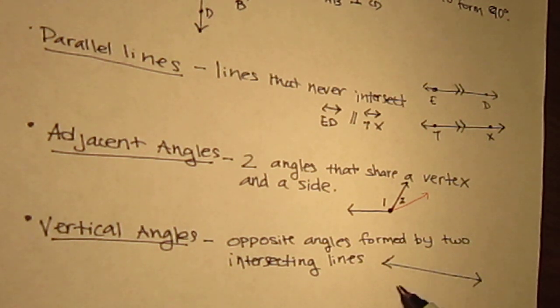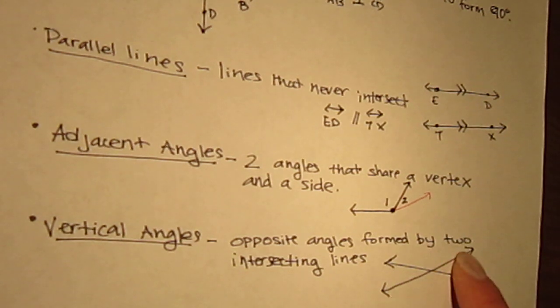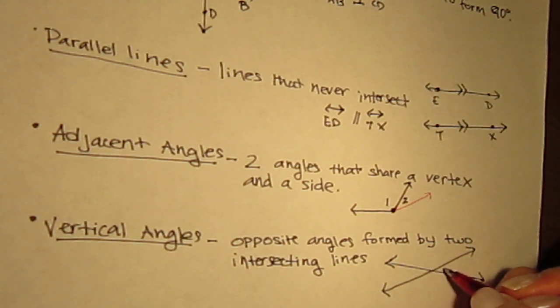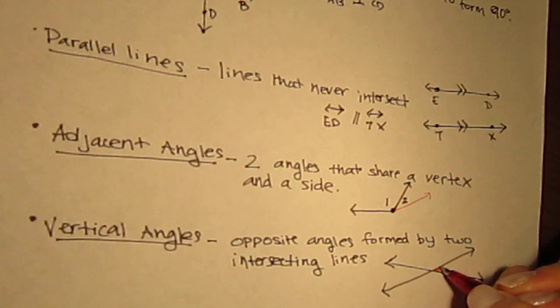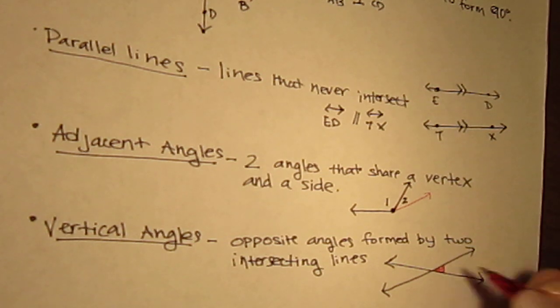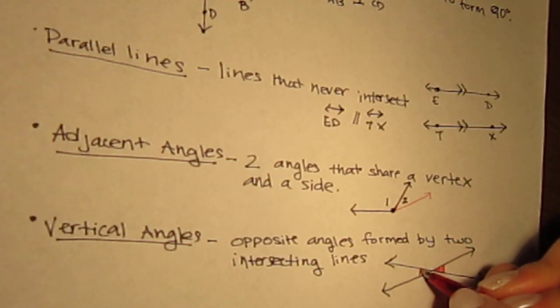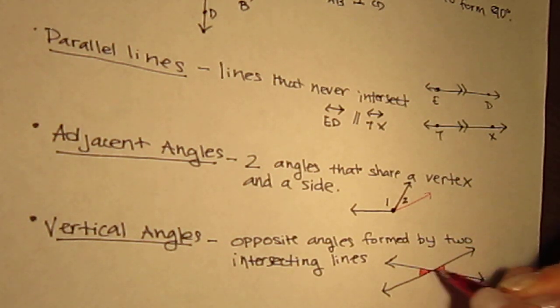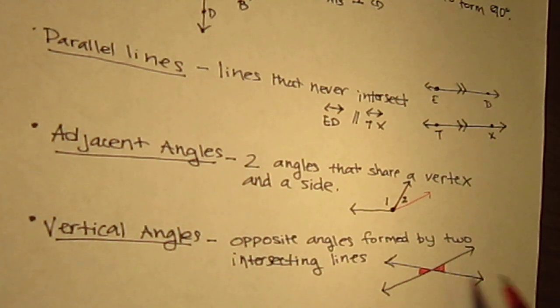Let's say I have another line crossing it, intersecting it. So these two lines cross each other. The vertical angles, which are opposite angles, will be right here, this angle, and this angle. So those two angles are vertical.